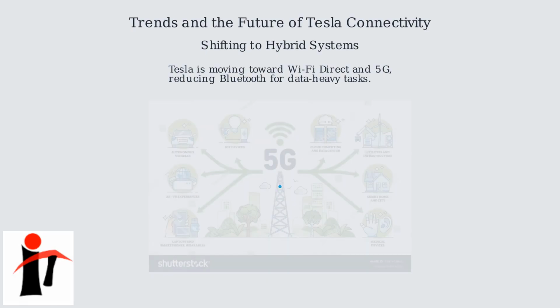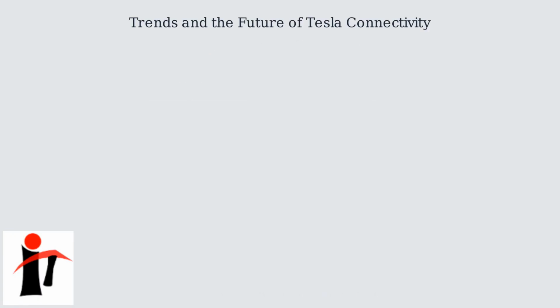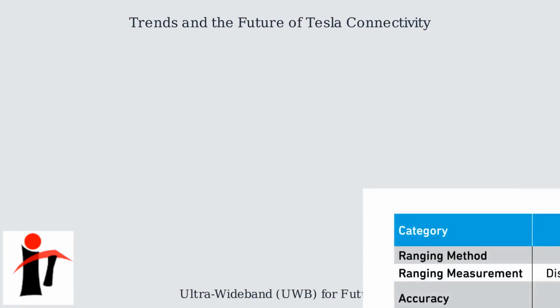Tesla is shifting away from Bluetooth dependency toward hybrid connectivity systems like Wi-Fi Direct and 5G. This reduces reliance on Bluetooth for demanding tasks such as video streaming and large data transfers, allowing Bluetooth to focus primarily on voice communication. Looking ahead, Tesla anticipates adopting ultra-wideband technology for faster device pairing and more precise tracking capabilities.